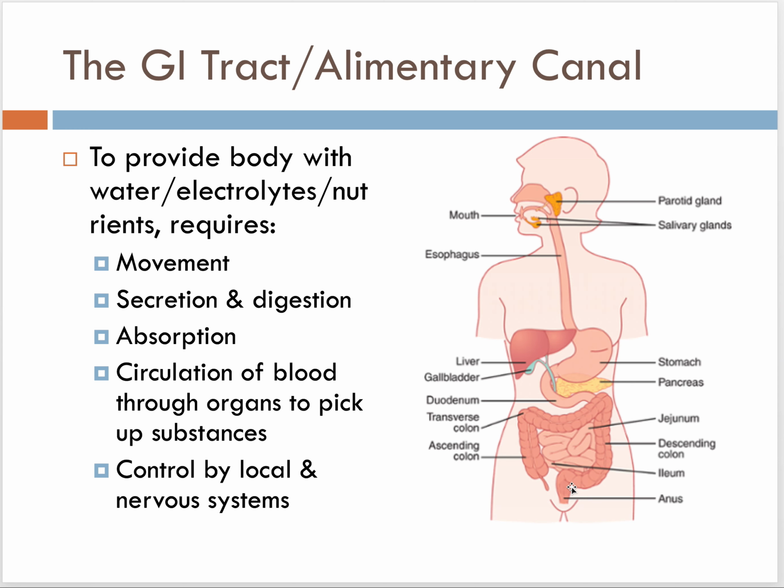So the main processes and functions of the GI, or alimentary canal, are to provide the body with the correct amount of water, and we'll learn all about absorption. And just before we go into anything else, knowing that the majority of absorption happens in the small intestine, primarily the duodenum, that's pretty important.